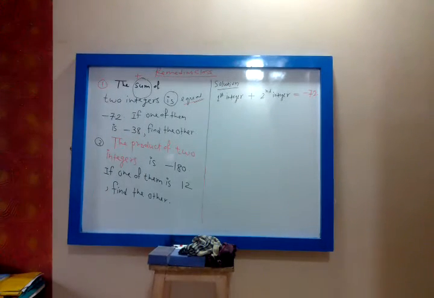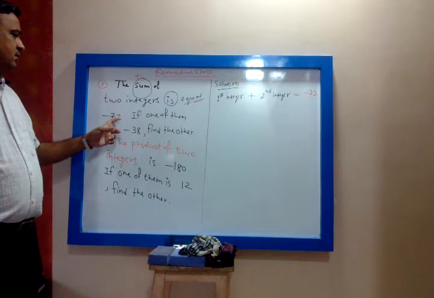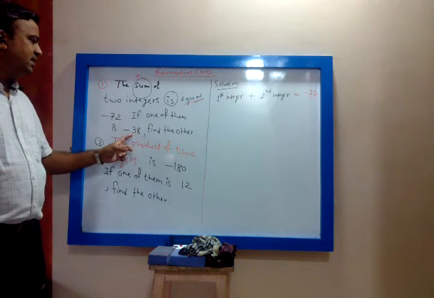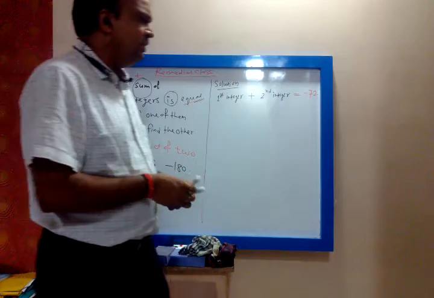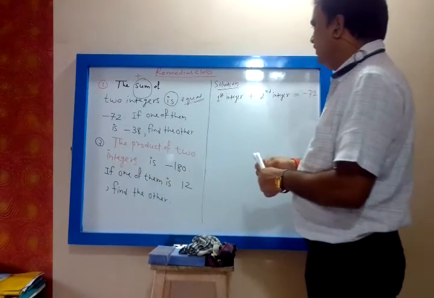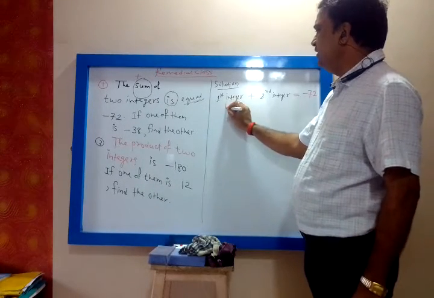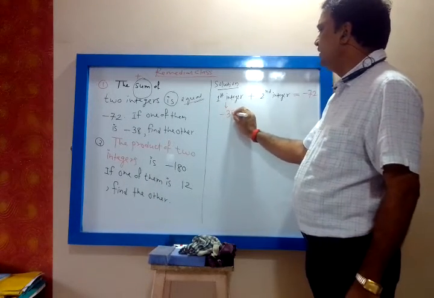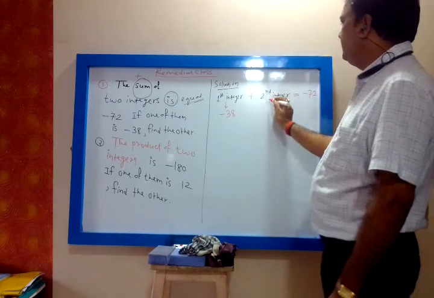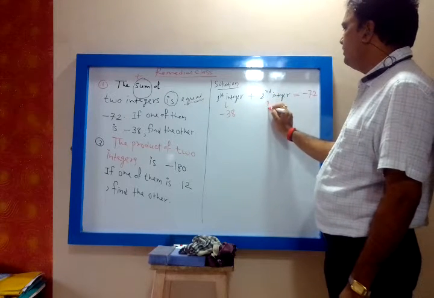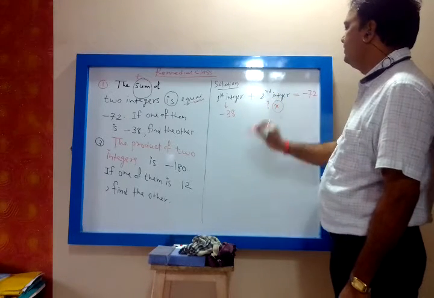This is the equation. Now we move one step ahead. One of them is minus 38, so let us take my first integer as minus 38. Find the other means the second integer you have to find, and that we consider x.